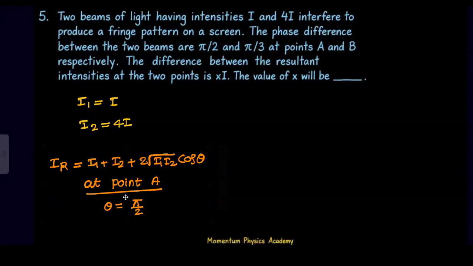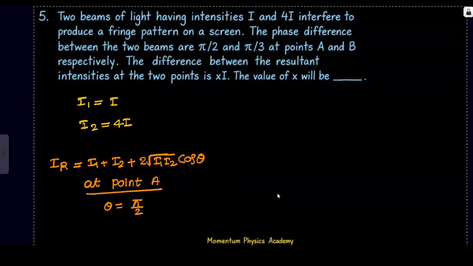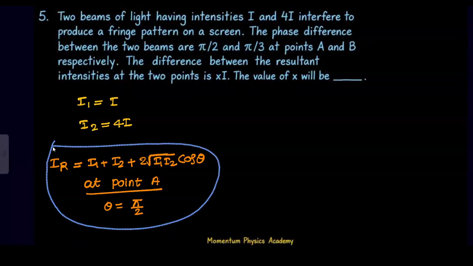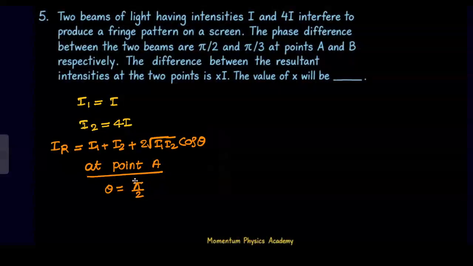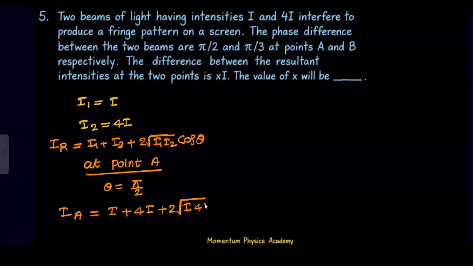Now we will find the intensity at point A. Put the values here: the intensity at point A is equal to I plus 4I plus 2 into square root of I into 4I into cos 90.